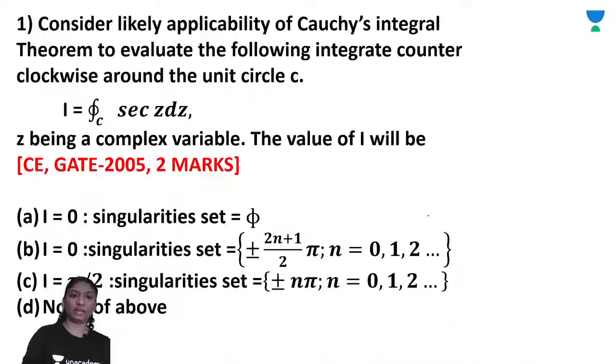So the correct option is I is equal to 0 with the singularity set phi.